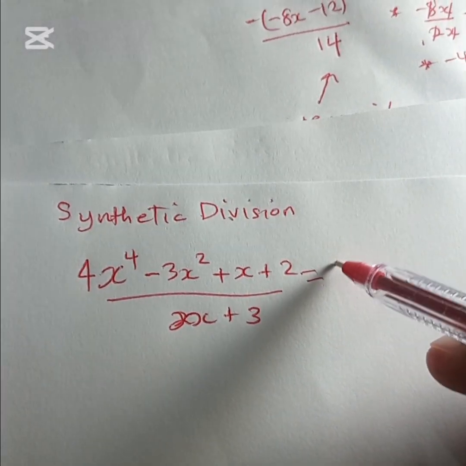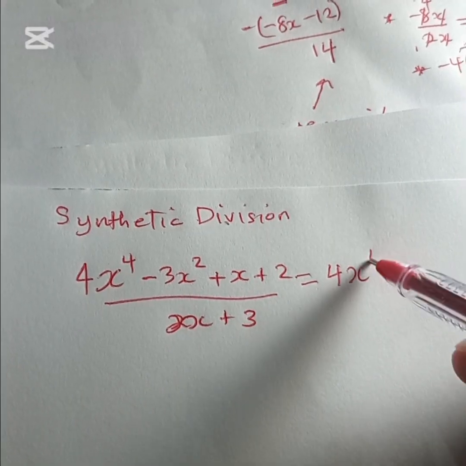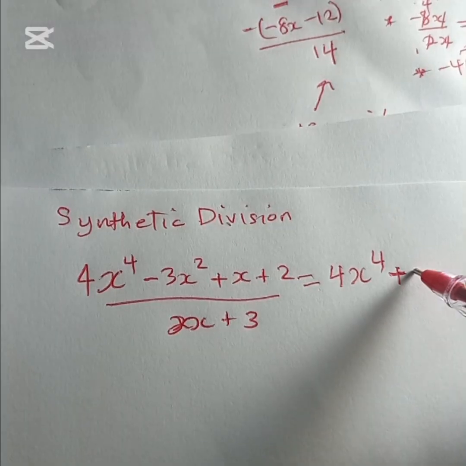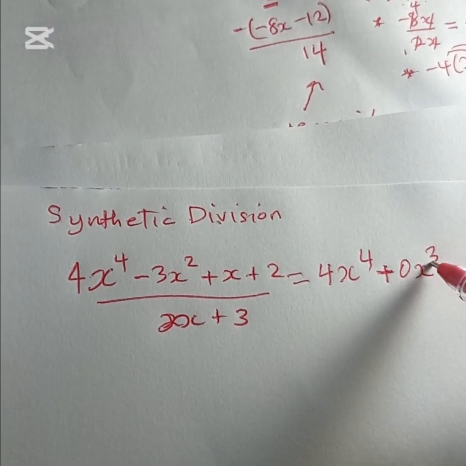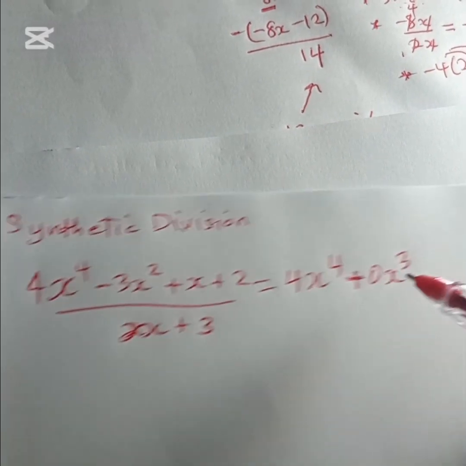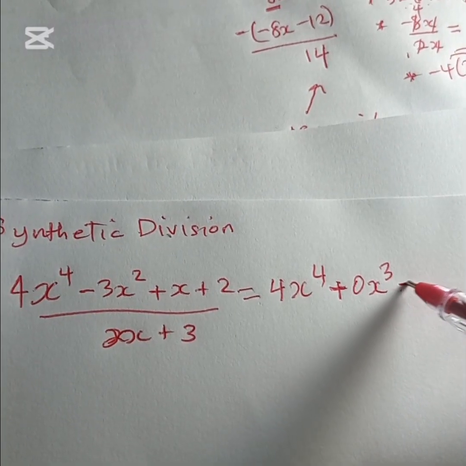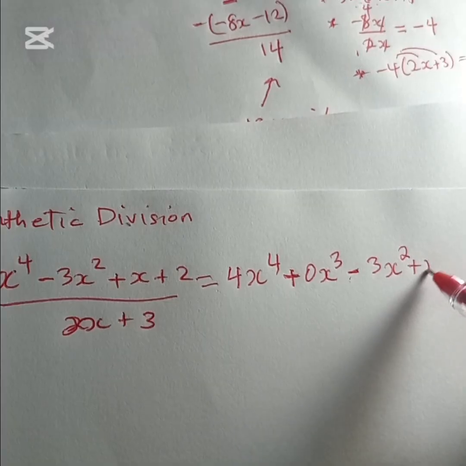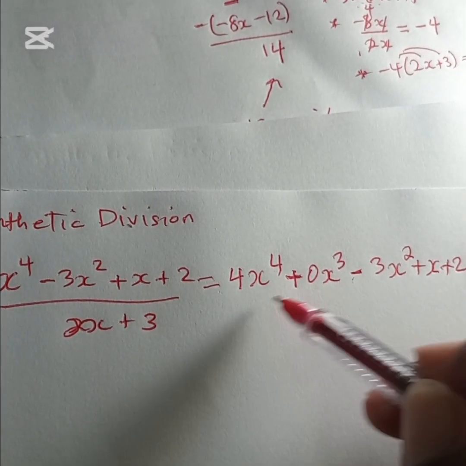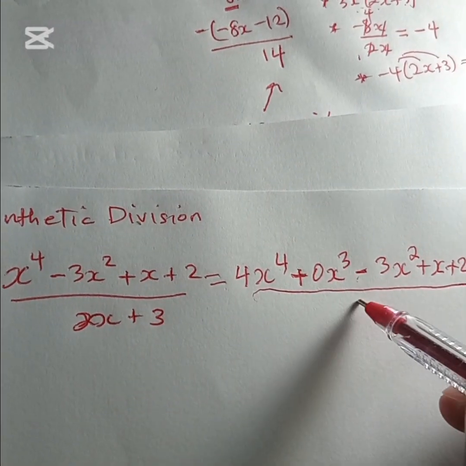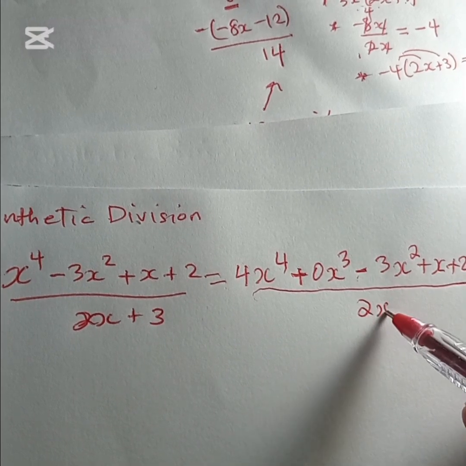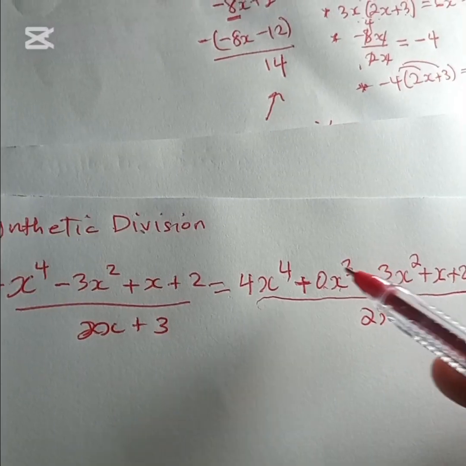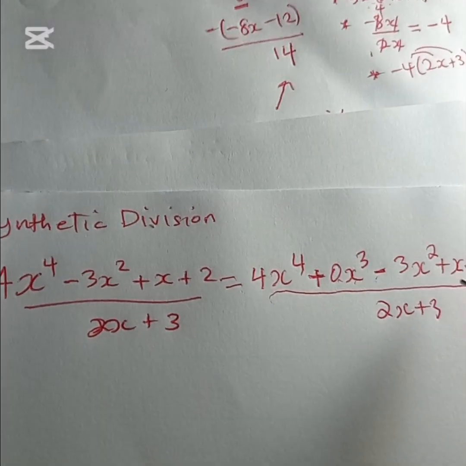We can rewrite it as 4x to the power 4 plus 0x cubed minus 3x squared plus x plus 2. That's the same, nothing has changed, because 0 times anything is just 0, so it will resolve back to the original.